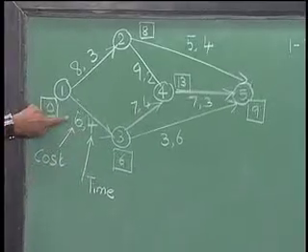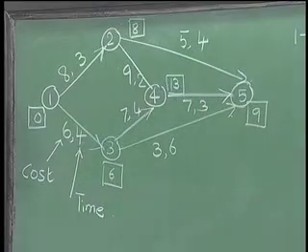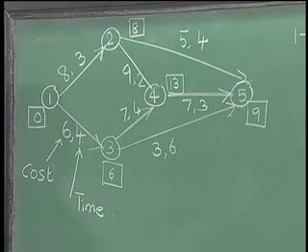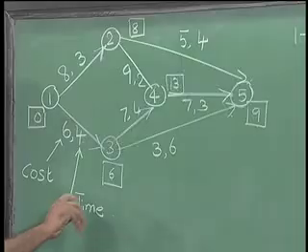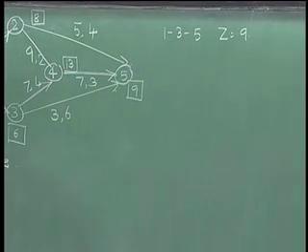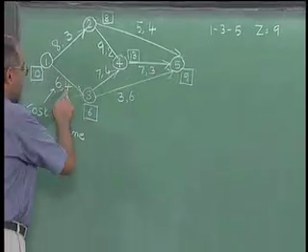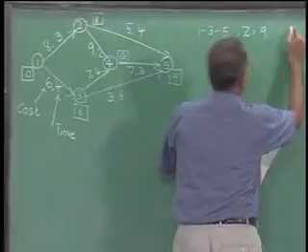Let us say this is the cost, and this is the time to move from i to j. Now let us also have a restriction, and let us first find the time associated with the shortest path. The shortest path is 1 to 3, 3 to 5, and right now the time associated is equal to 10.